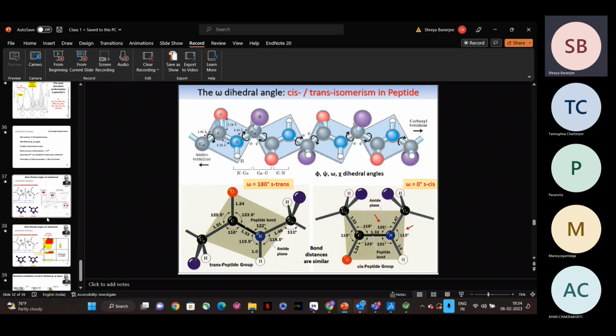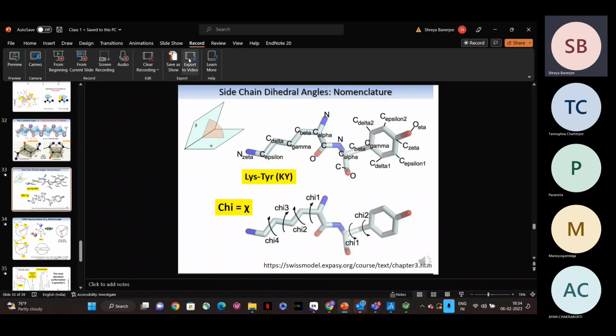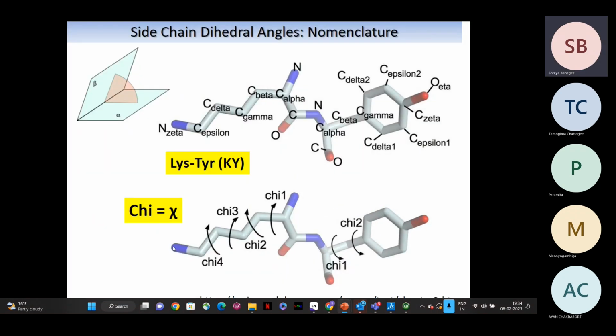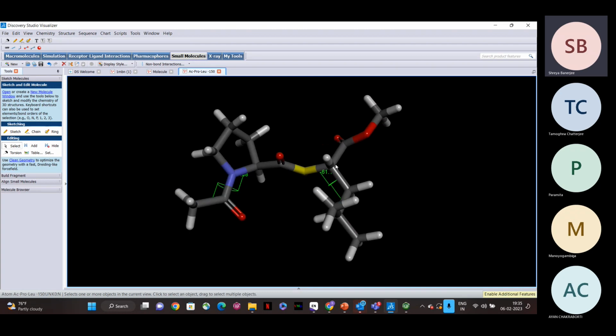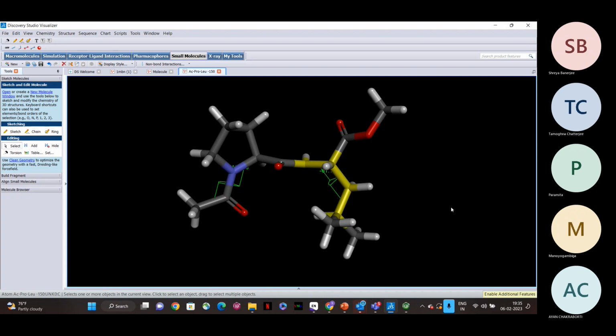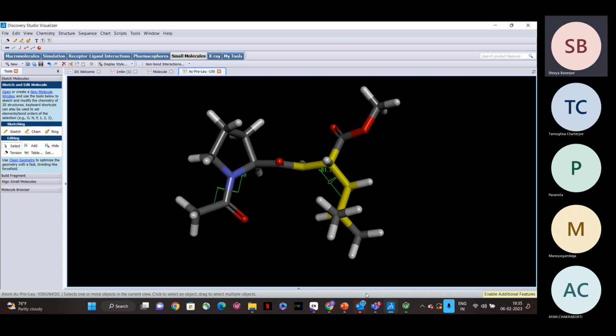I'll show you chi. Chi is from nitrogen, and if you go to the side chain, this picture is not very good, but if you look here, this angle is chi. So these are the dihedral angles.